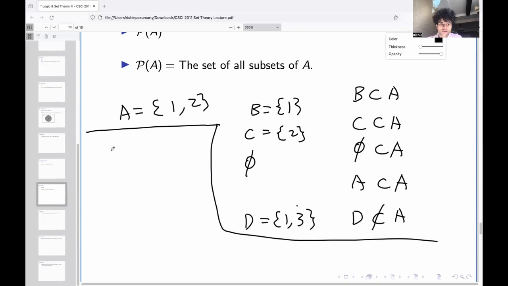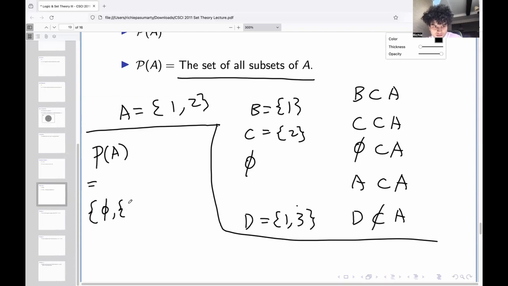All right, so now let's go ahead and talk about what the power set of a set is. It's the set of all subsets of A. So the power set of A is equal to the following. It's equal to the empty set, the set {1}, and so on.